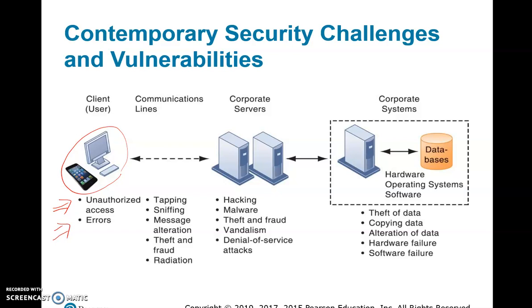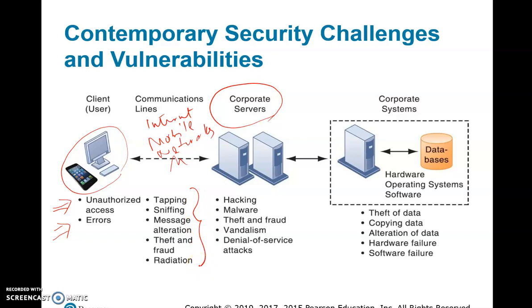The clients are connected to the corporate servers using communication lines. This could be a variety: the internet, mobile, regular networks, and so on and so forth. And these communication lines can have problems.